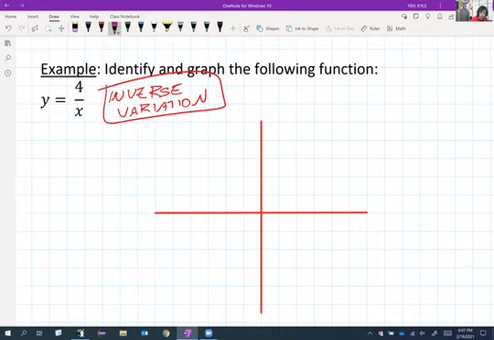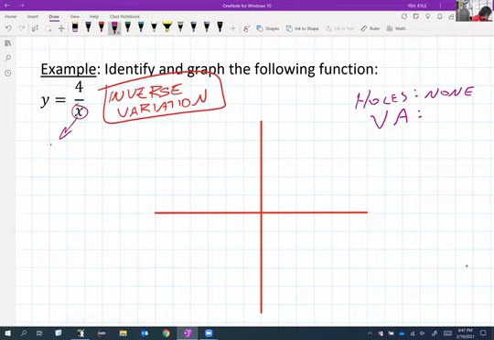Well, quick review, since this is the chapter for it. I'm going to say, okay, there are no holes. There was nothing I could cancel. There is a vertical asymptote because we couldn't cancel that. So what would make it equal to 0? Well, if x equals 0. So I'm going to put a vertical asymptote right at x equals 0.